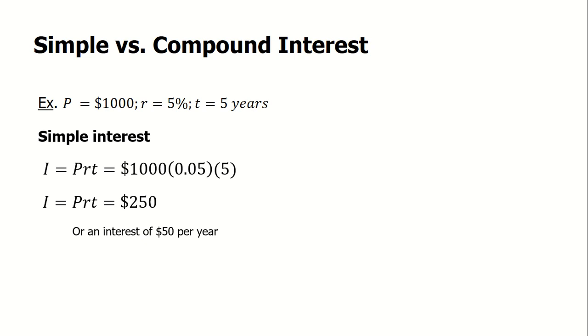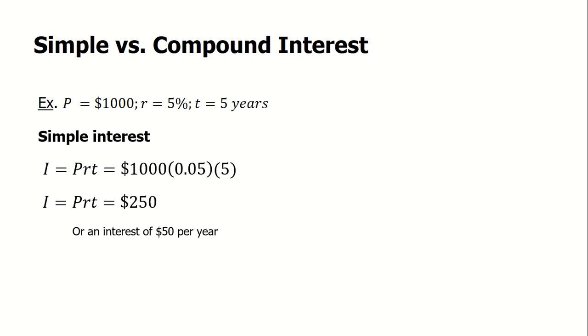I equals P times R times T. Our principal is $1,000 multiplied by the decimal form of 5%, which is 0.05. 5% is the annual interest rate, so since the time is also in years, we just plug in 5 in place of T.